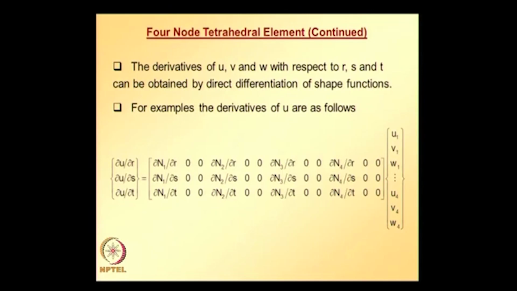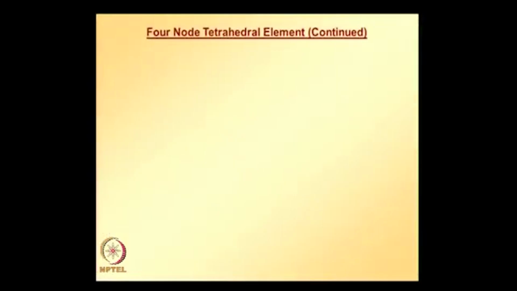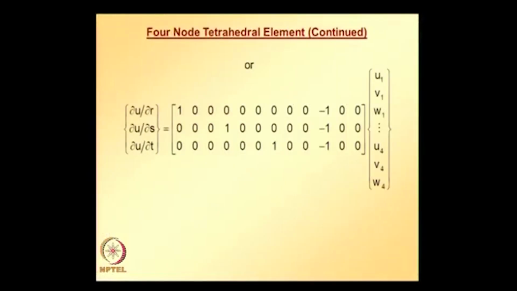So, for example, the derivative of u can be evaluated as follows: partial derivative of u with respect to r, partial derivative of u with respect to s, partial derivative of u with respect to t can be written in a matrix and vector form like this. If you put together all the partial derivatives of u with respect to r, s, t in a vector as shown there, taking partial derivatives of shape functions with respect to r, s, t, it can be easily checked that the partial derivatives of u with respect to r, s, t are given by this.